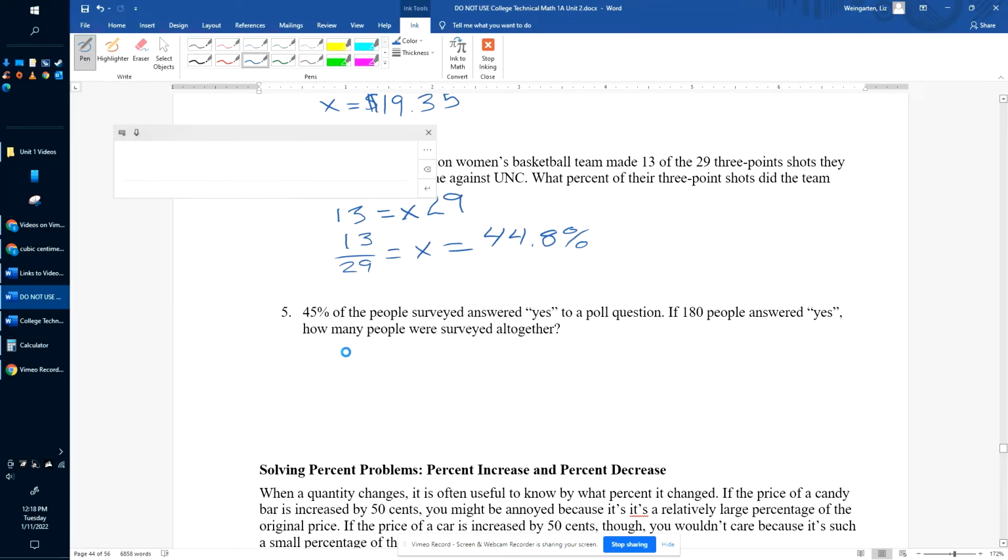45% of the people surveyed answered yes to a poll question. If 180 people answered yes, how many people were surveyed altogether? So now we're looking for the base. We have the amount of people that said yes. We have the amount that is 45%. Remember to turn your percent into a decimal.